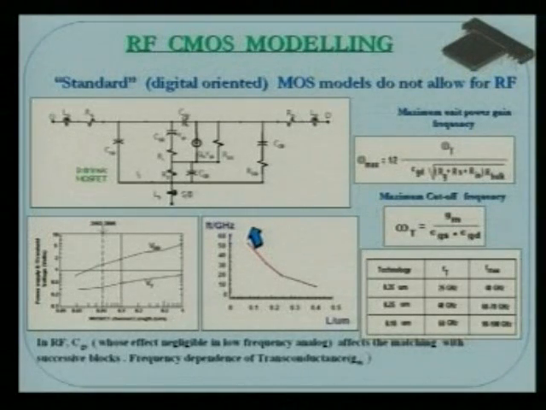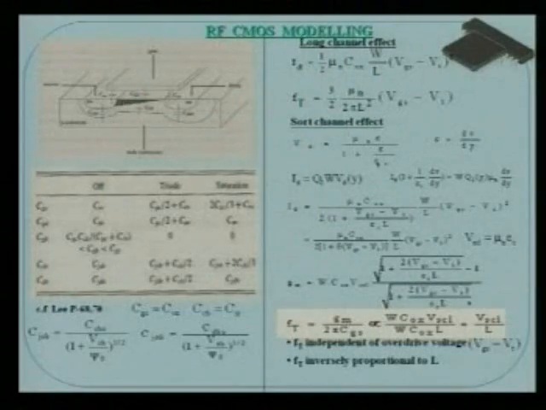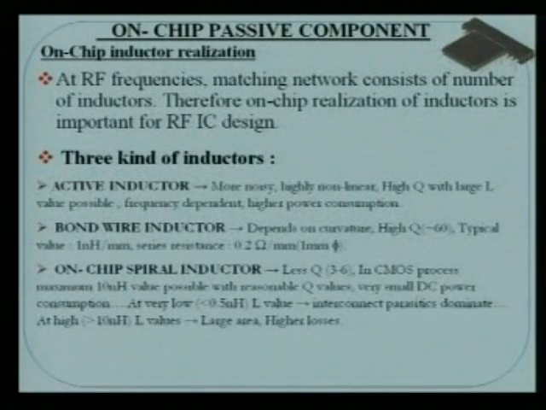I told you that initially it starts with 10 gigahertz, then 60 gigahertz, now it is 120 and 150 gigahertz, even 200 gigahertz has recently been reported. So these are the major issues in case of MOS devices.